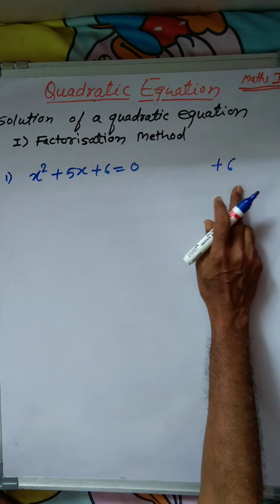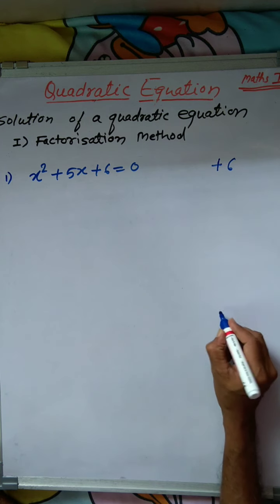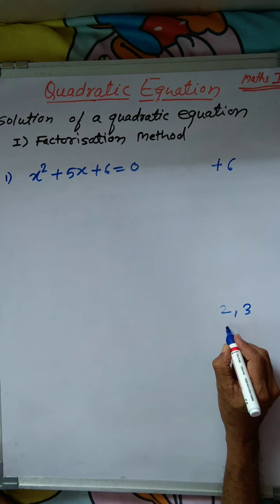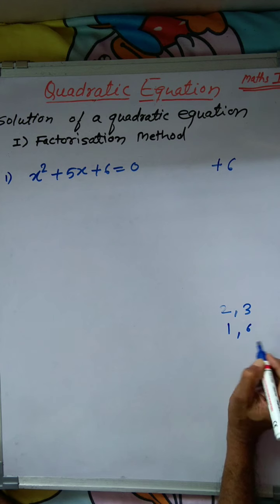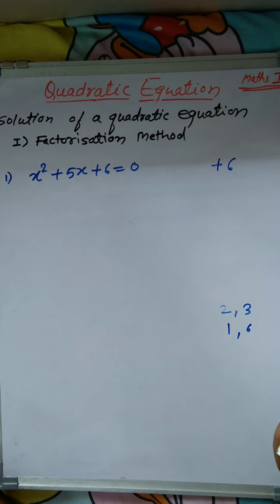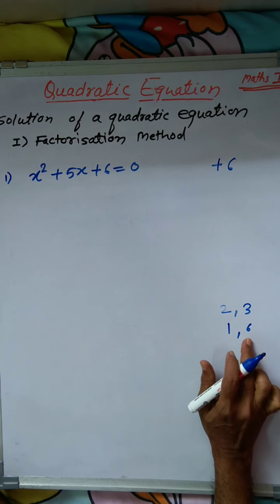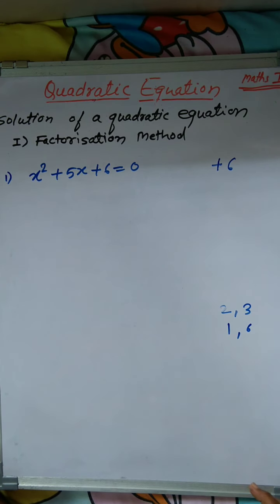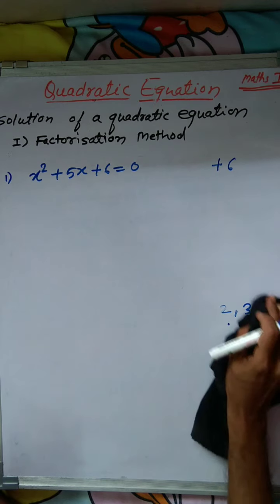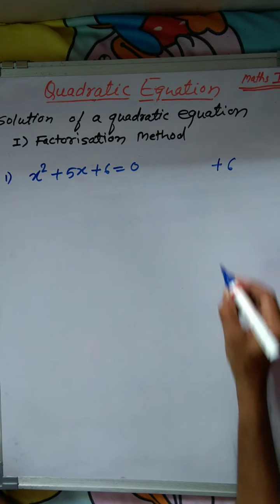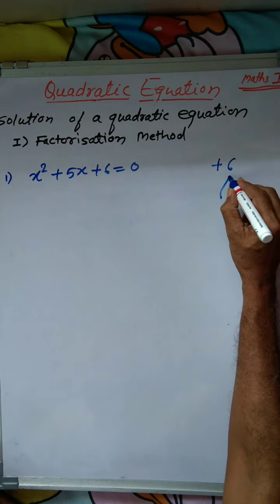The factors of 6 are 2 and 3, and second one 1 and 6. Only two types of factors are there. If we take 2 and 3, the sum is 5, and for 1 and 6 the sum is 7. That means 1 and 6 is not the factor pair. We get the factors 2 and 3.